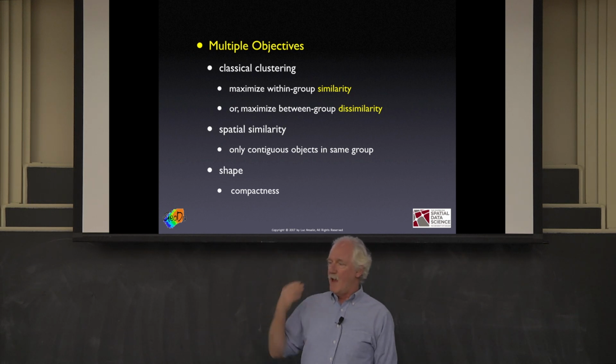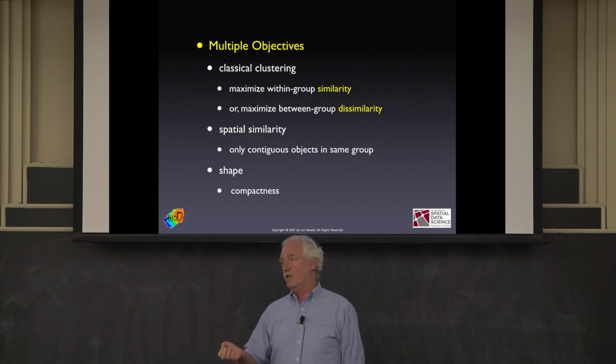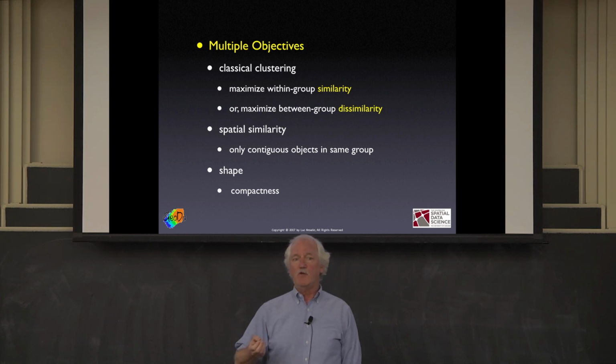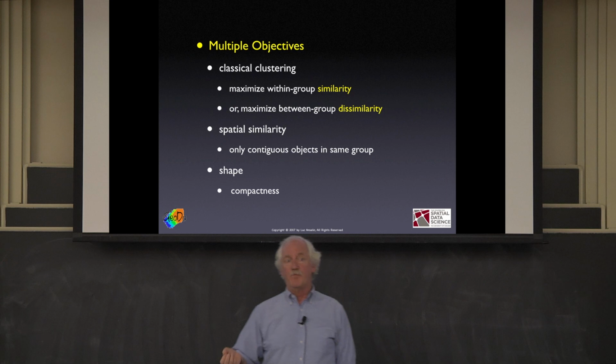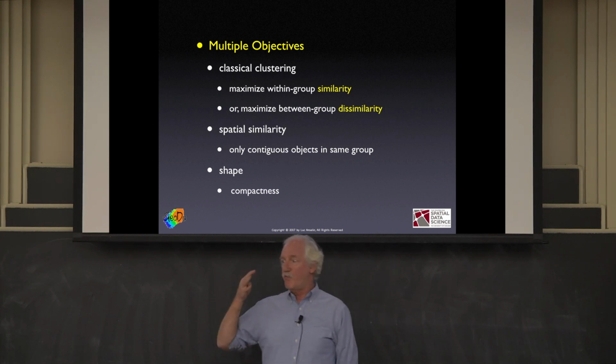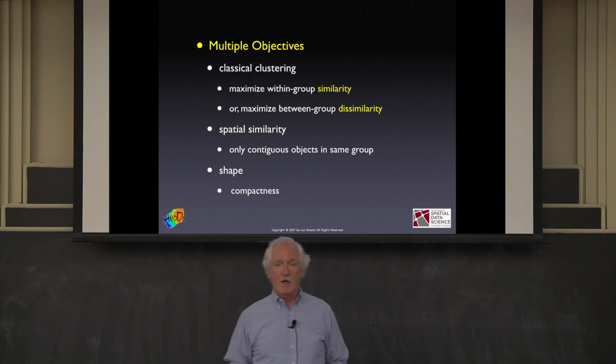So there's really 4 different ways in which you can formulate this, but they're all the same. Right? You can maximize within group similarity. You can minimize within group dissimilarity. You can maximize between group dissimilarity, or you can minimize between group similarity. So that's 4 ways to express this, and they're all the same.